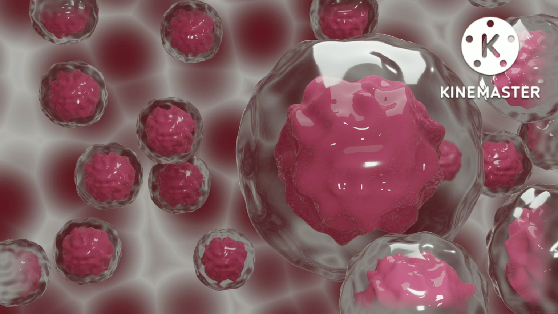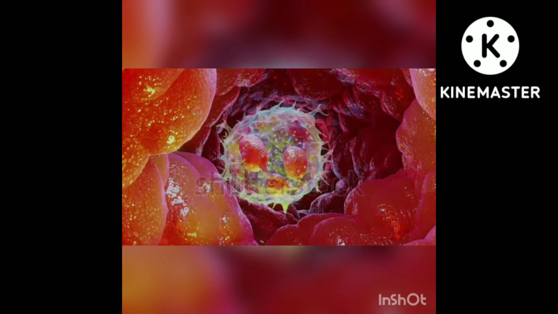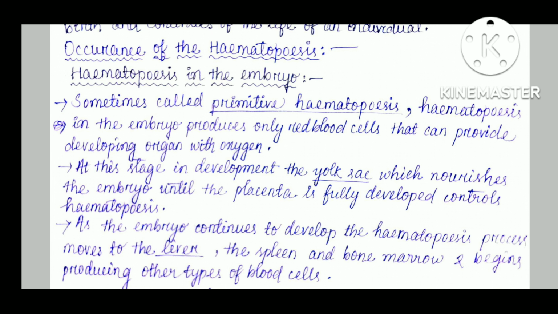At this stage in development, the yolk sac, which nourishes the embryo until the placenta is fully developed, controls hematopoiesis. As the embryo continues to develop, the process moves to the liver, the spleen and then the bone marrow, and begins producing other types of blood cells.